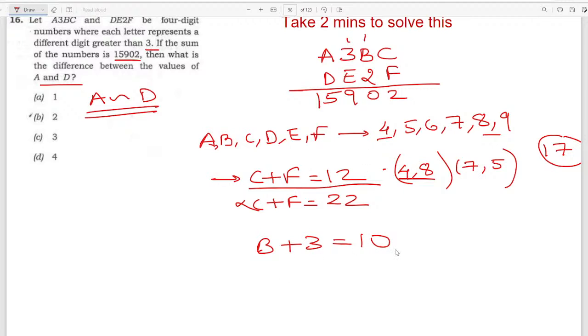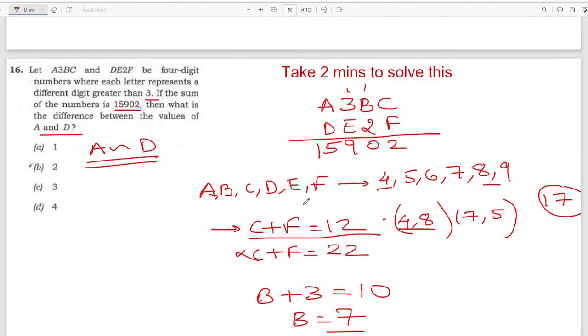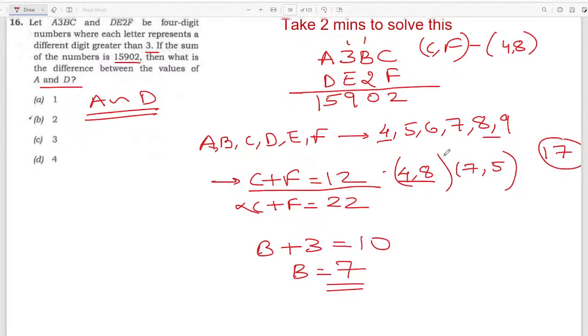So B plus 3 is 10, B would be 7. So since B is 7, C and F cannot be 7 and 5. It has to be 4 and 8. So C and F would have to be 4 and 8. It is not 7. So B is 7.